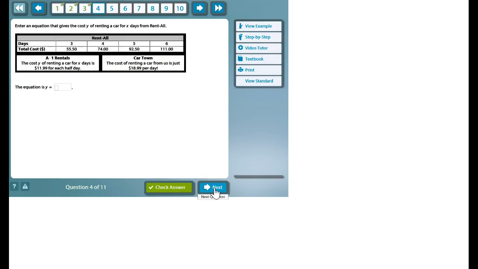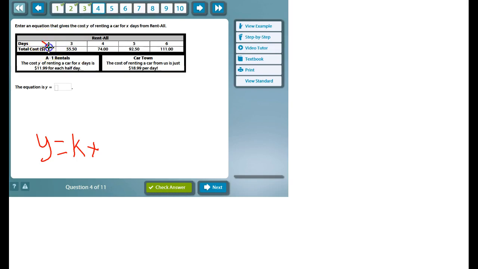Alrighty, so let's continue. Each equation that gives the cost of the rent for x in days. So we've got to figure out what y equals, remembering again that y equals kx. So let's solve for that. What is kx? Let's see. Cost, money is always going to depend.